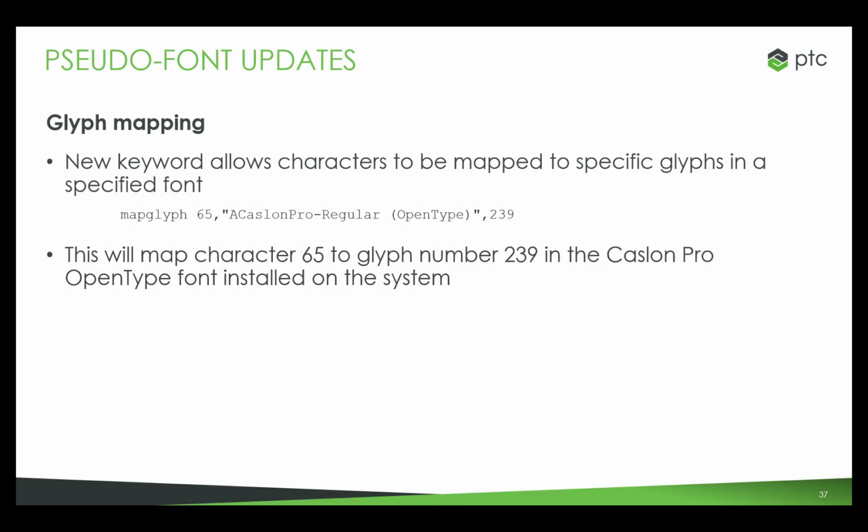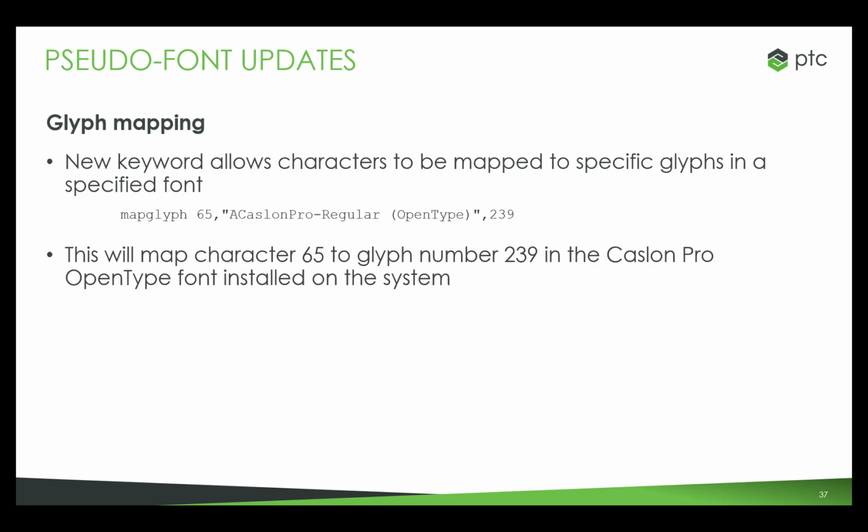When we introduced OpenType font support in 12.0, we allowed access to specific glyphs within the font. As long as you know the glyph position number, you can output that glyph. In pseudo-fonts now, you can map characters to a specific glyph in your OpenType font if you want to.